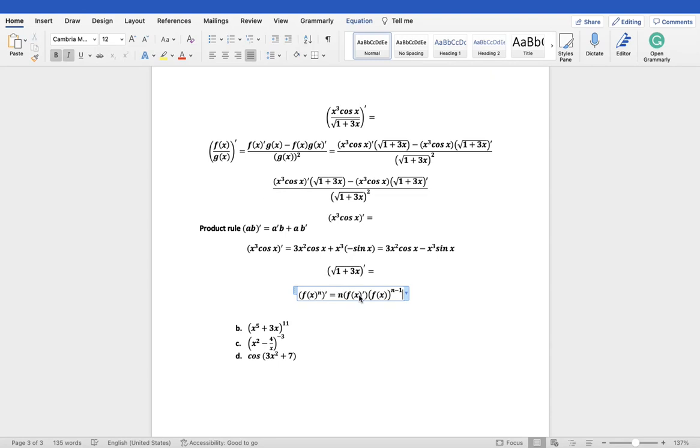And then, yeah, that's it. So this is the general rule for a function f of x. So in our case here, what is the value of n? If you look at root 1 plus 3x, what's the value of n?